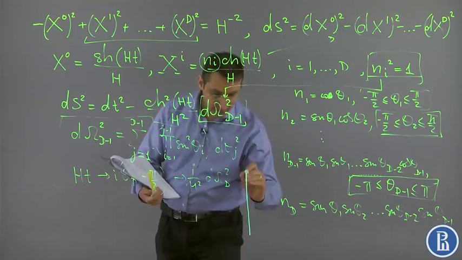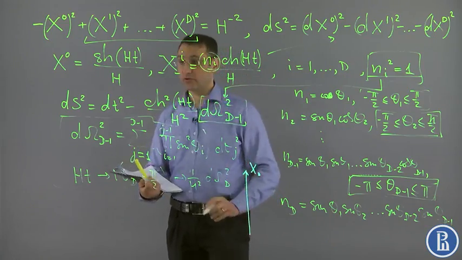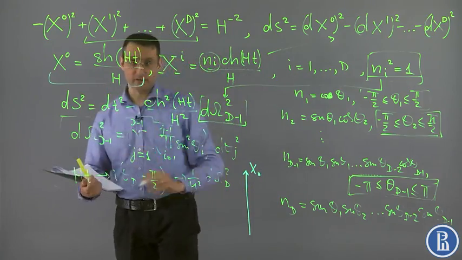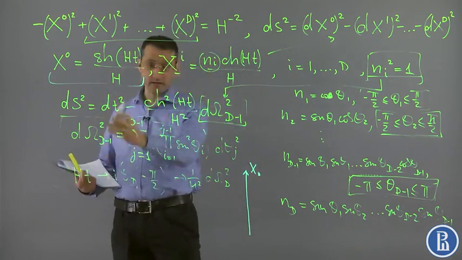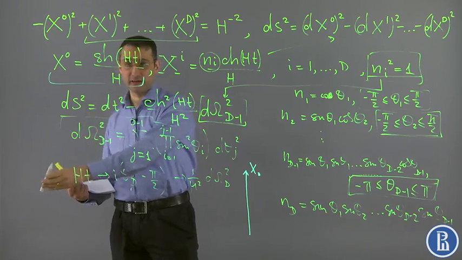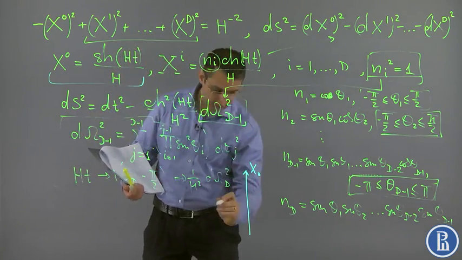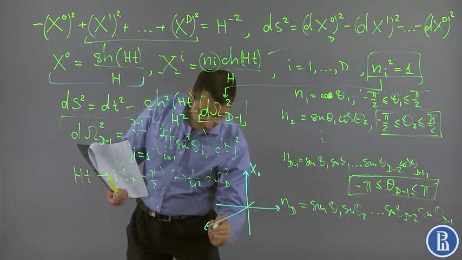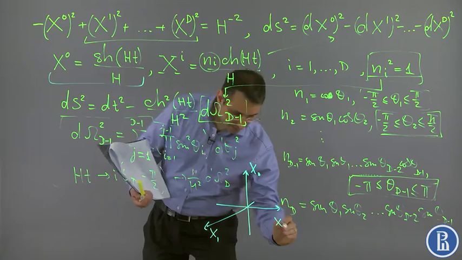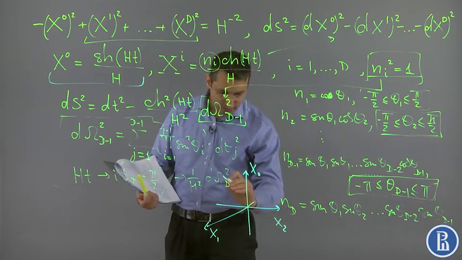When x0 changes homogeneously, rising from minus infinity to plus infinity, in the x1, x2 directions we obtain this hyperboloid.